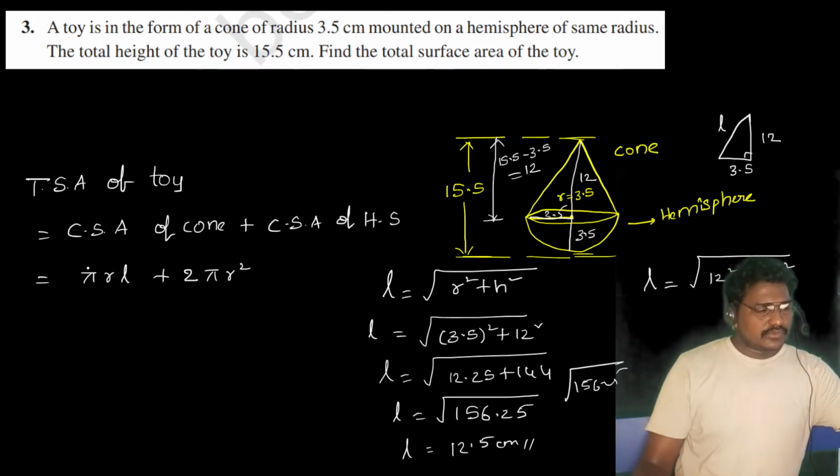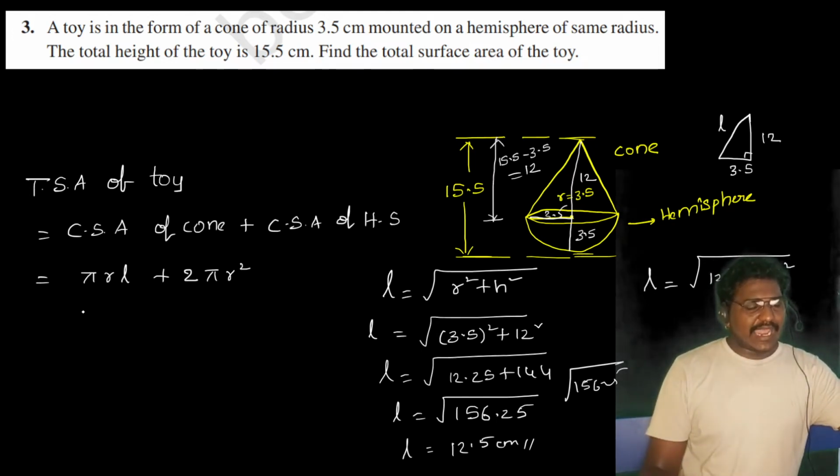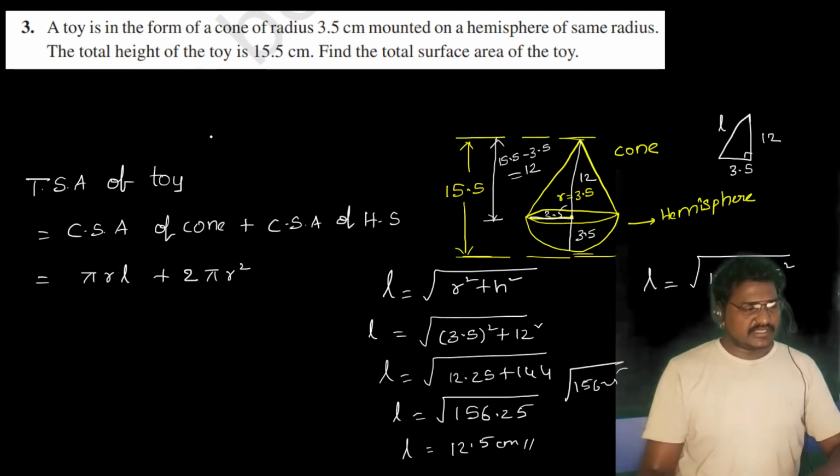Now we have to substitute in the respective formulas. See here, pi r L plus 2 pi r square.